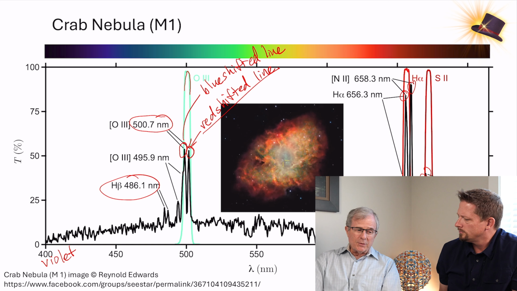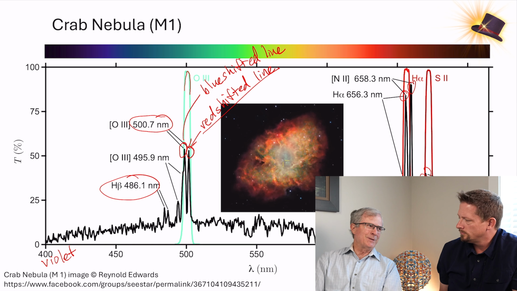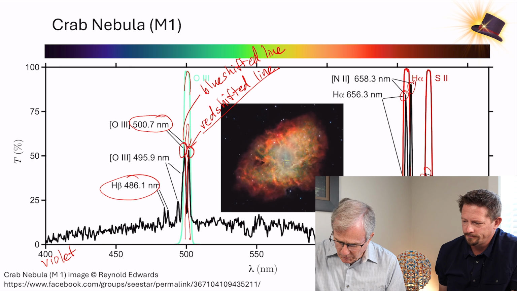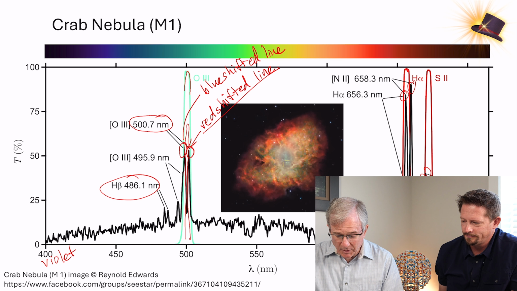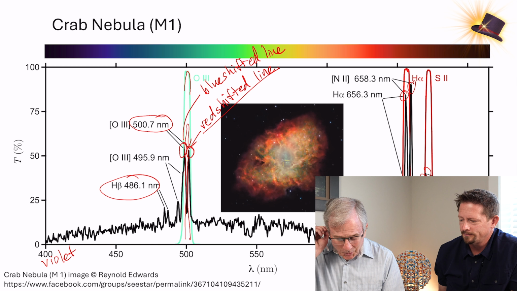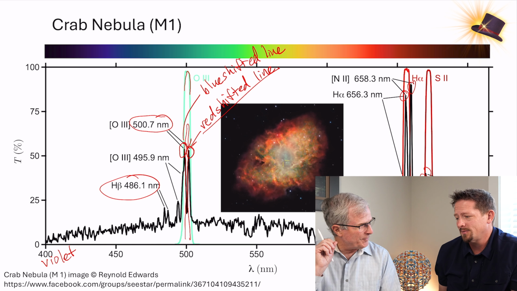And our filters are 2.5 nanometers in bandwidth. So our filters would look something like this, and we pretty much miss both lines on the Crab Nebula. So this is why it's so important to understand, so you can get the right filters.